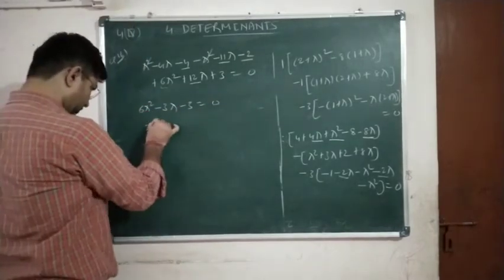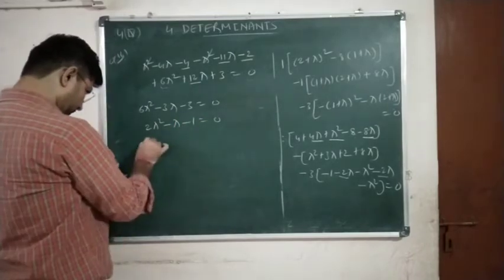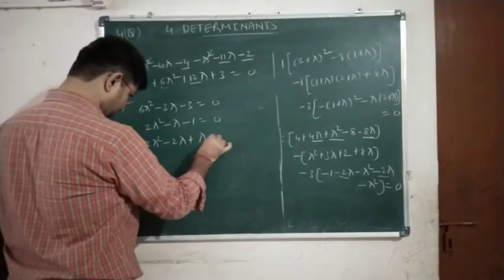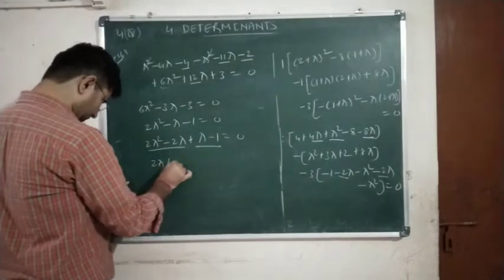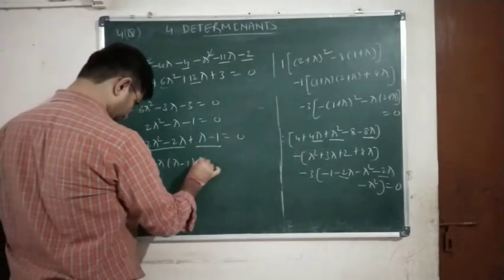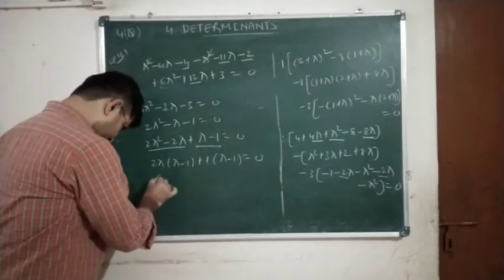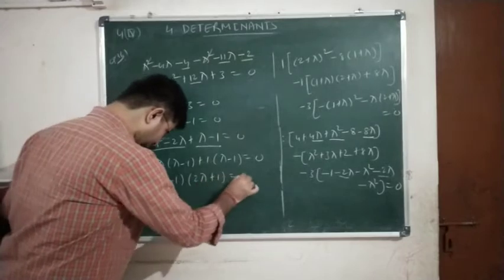If you take 3 common, 2 lambda square minus lambda minus 1 equals 0. Let us split: 2 lambda square minus 2 lambda plus lambda minus 1. Take common 2 lambda (lambda minus 1) plus 1 (lambda minus 1). Therefore, (lambda minus 1) into (2 lambda plus 1).